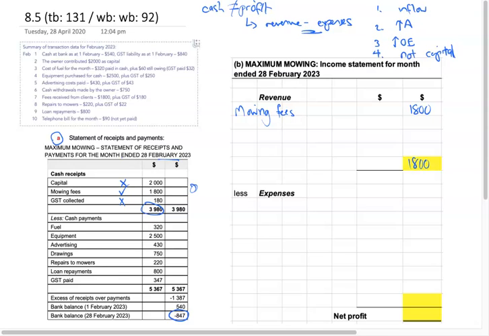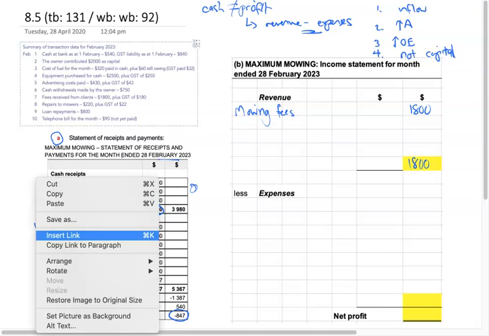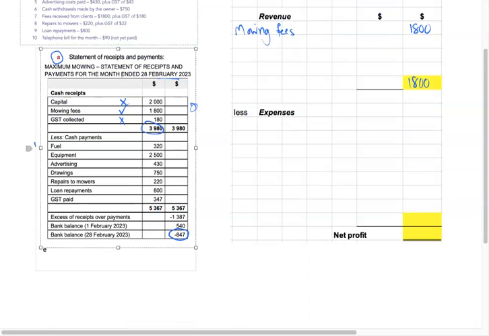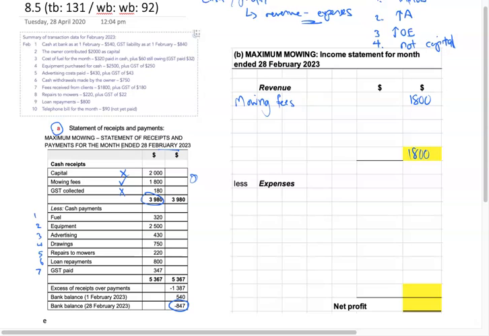Let's now think about the expenses. We have one, two, three, four, 5, 6, 7 cash payments, but I can tell you there are only 4 expenses, and one of them isn't even included on that sheet.